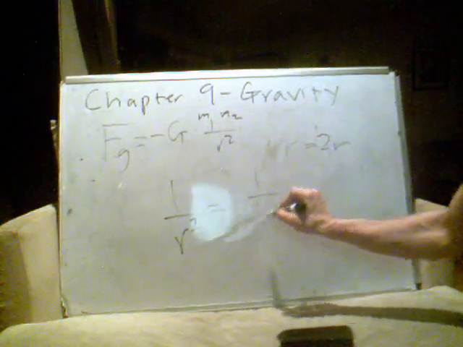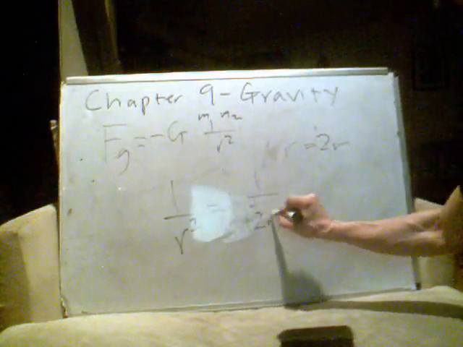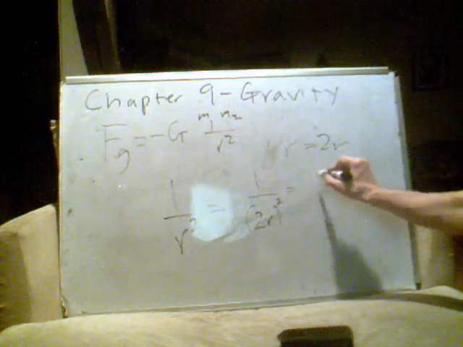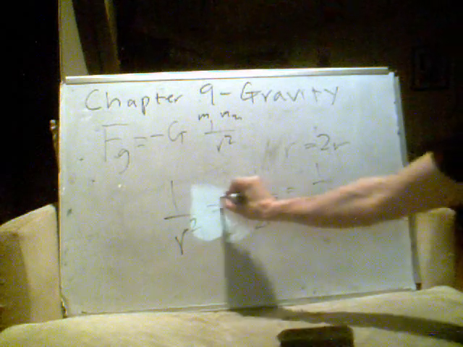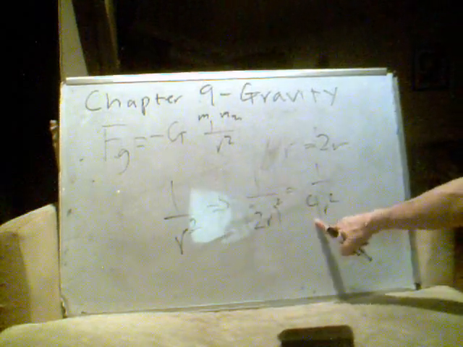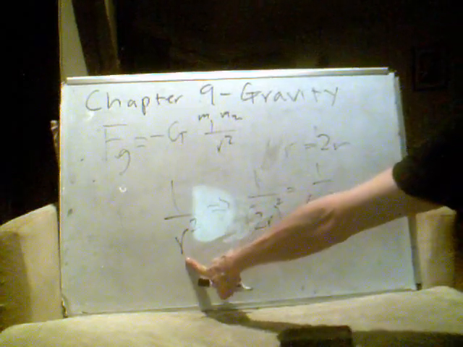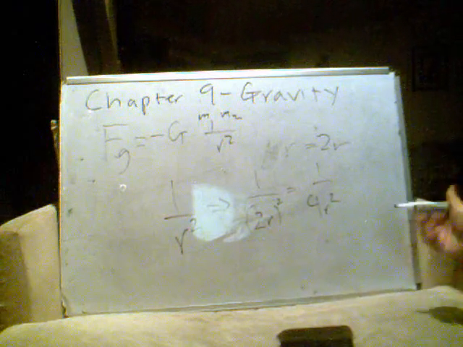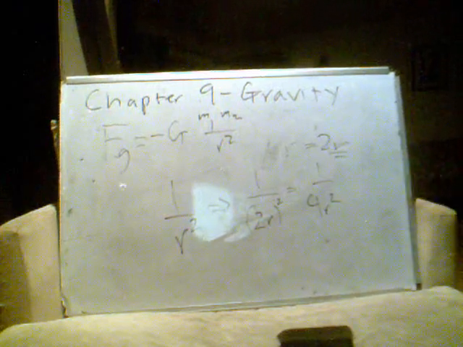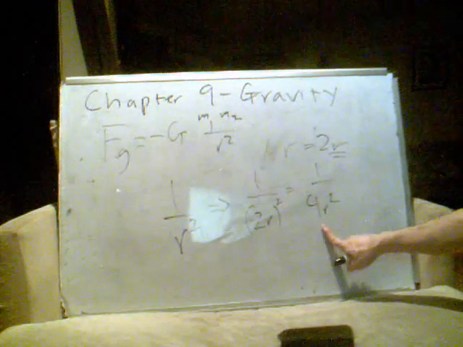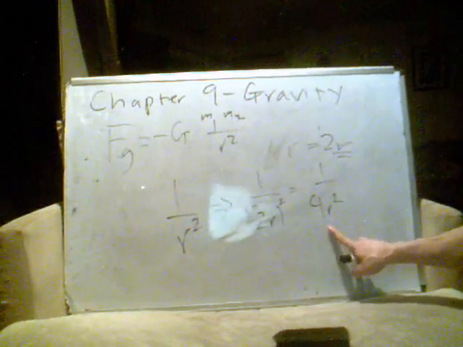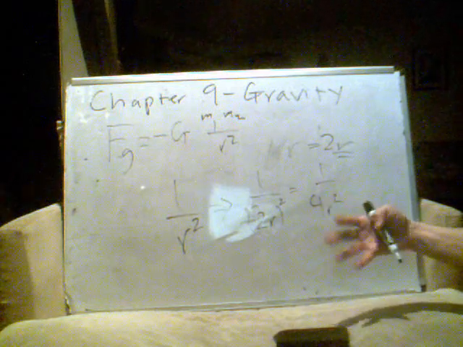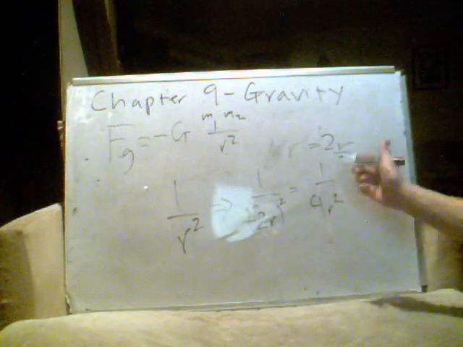Well, instead of 1 over r squared, it's 1 over (2r) squared, and that's 1 over 4r squared. That's 1/4 what it was before. That means if you double the distance between two objects, it will decrease the force of gravity by a factor of 4.